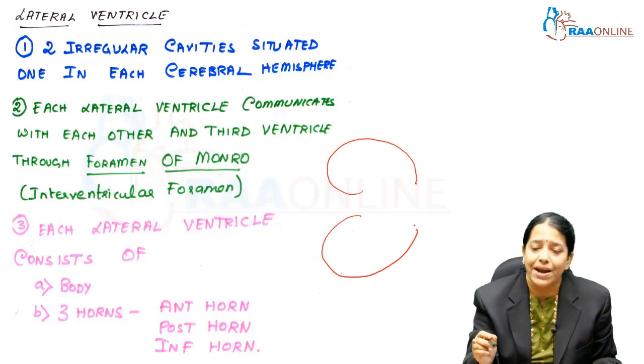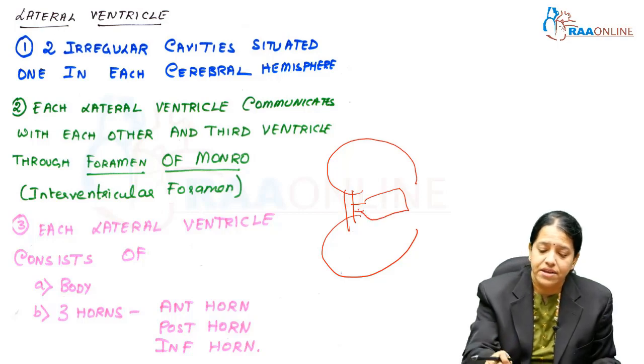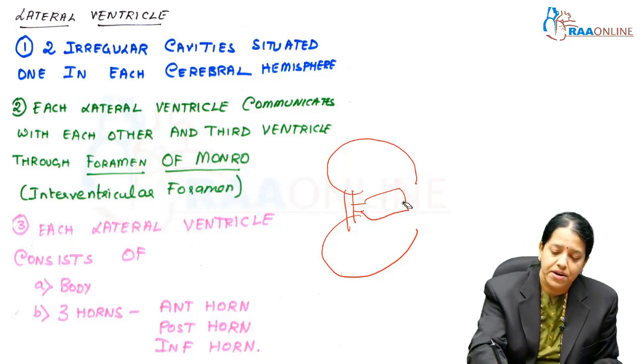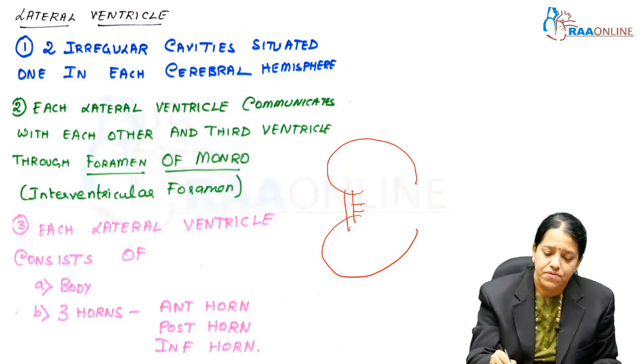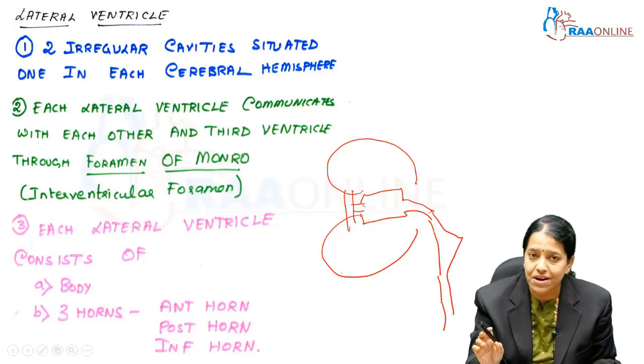These are interconnected with each other and also connected below to the third ventricle. The third ventricle is connected to the fourth ventricle through the aqueduct, and the fourth ventricle is tent shaped and continues down as the central canal.